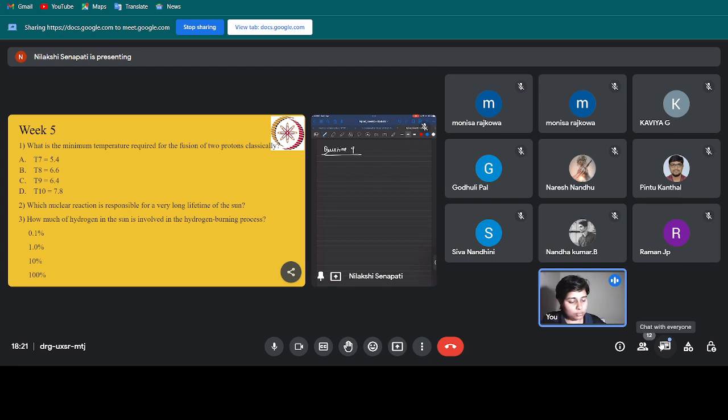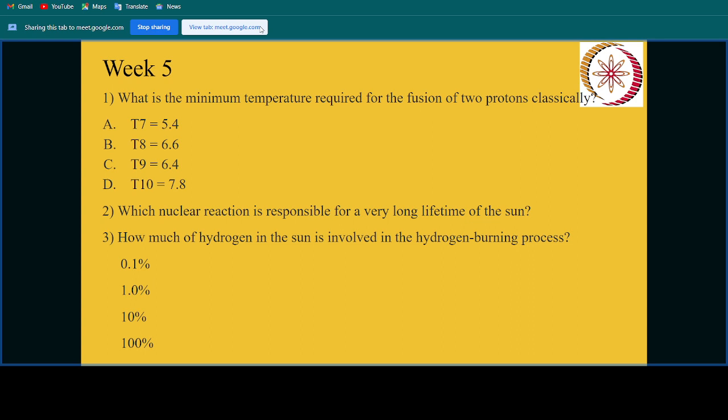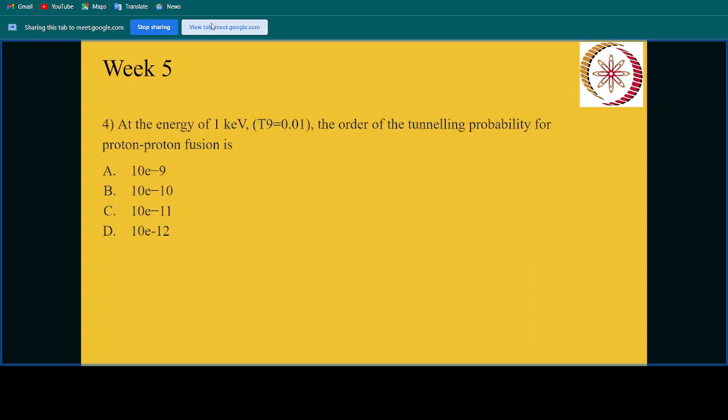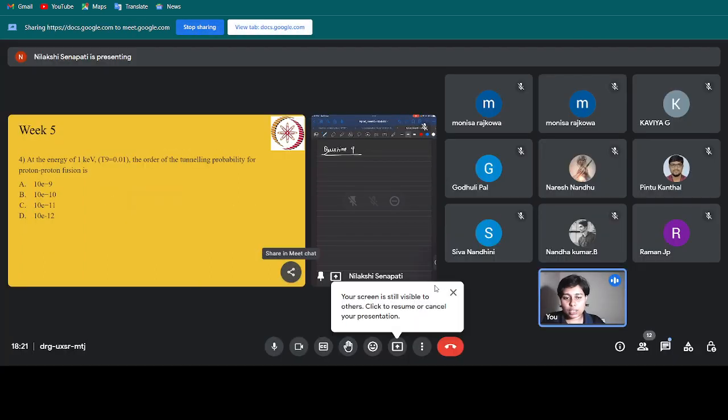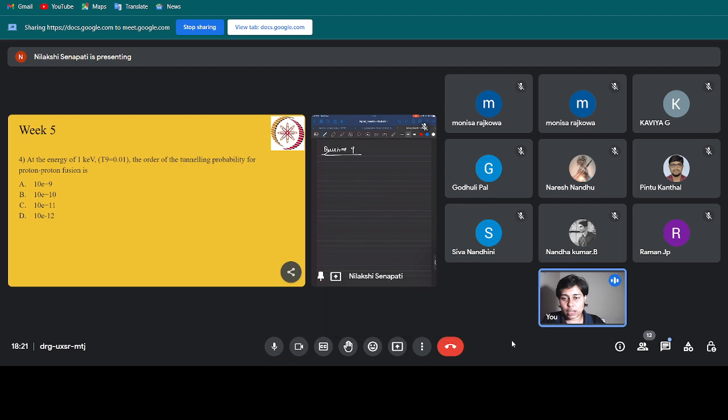Then question 4: at the energy of 1 keV, what is the order of tunneling probability for proton-proton fusion? The formula of tunneling probability was written in the previous day's lecture, and I showed it to you today also.